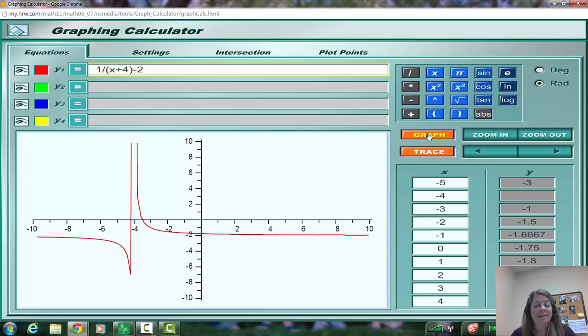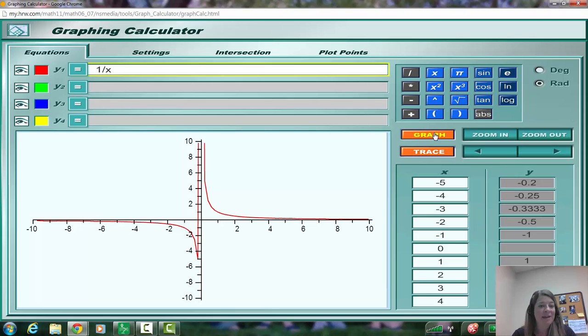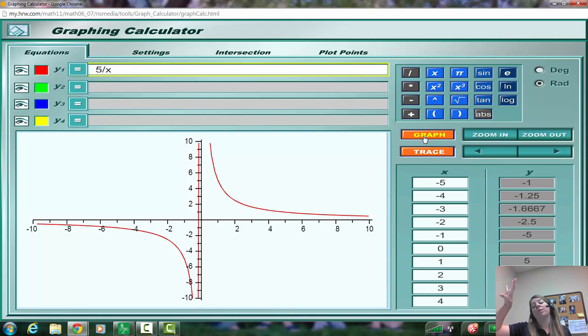So what I love about a graphing calculator is you can actually learn what the numbers do to your equation. You take your general basic equation, the parent graph, and you play with it. What happens if on the parent graph I had a 5 up here? What did it do? Kind of separated it out more, right? It stretched it.